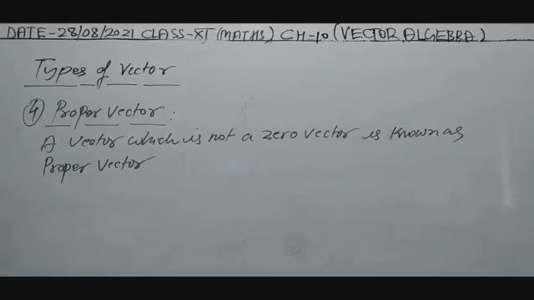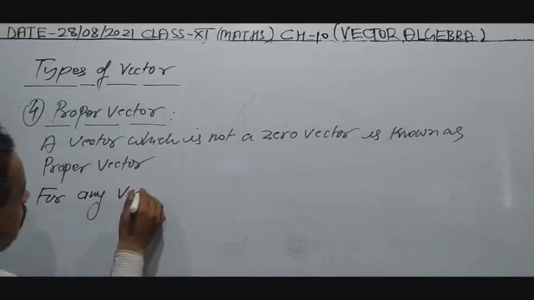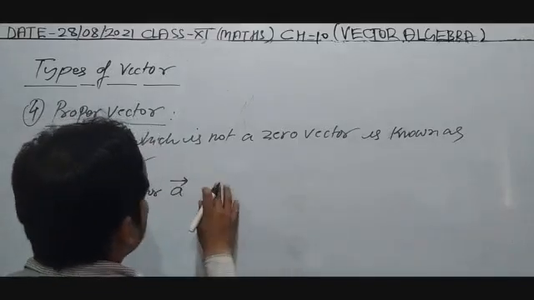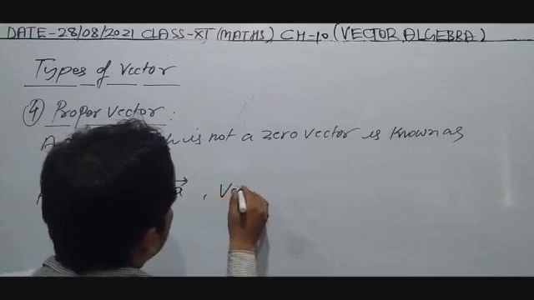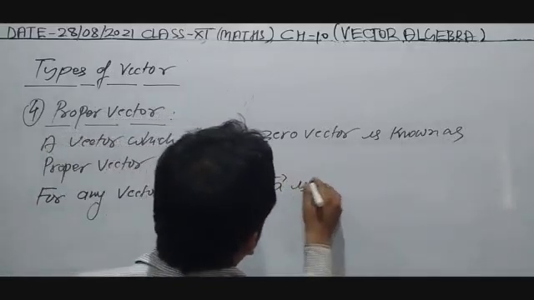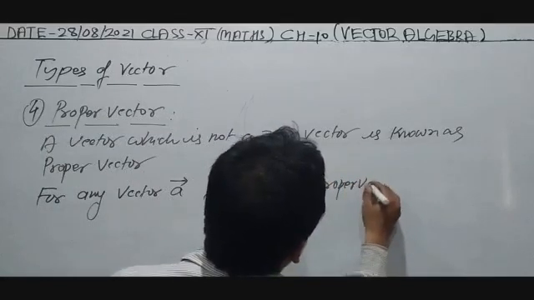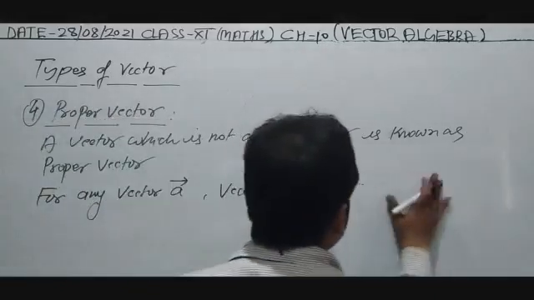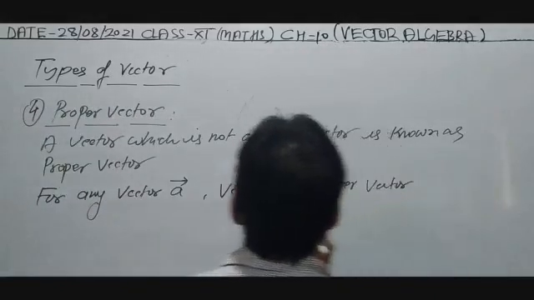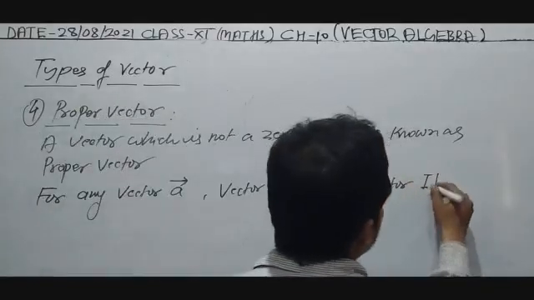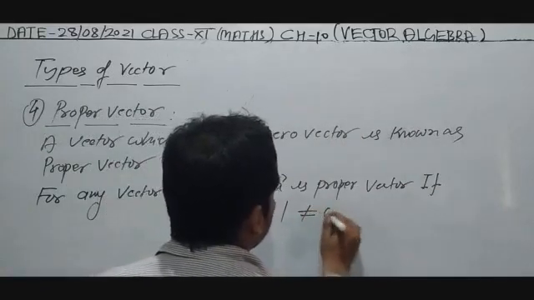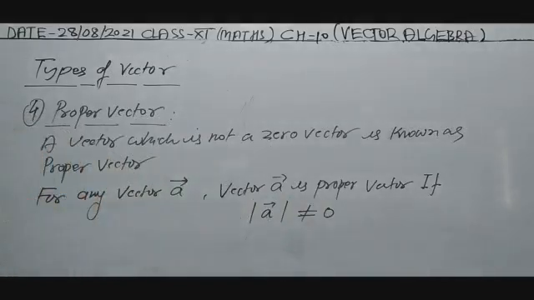Now we can say, for any vector A, vector A is a proper vector if the modulus of A, or magnitude of vector A, is not equal to 0.